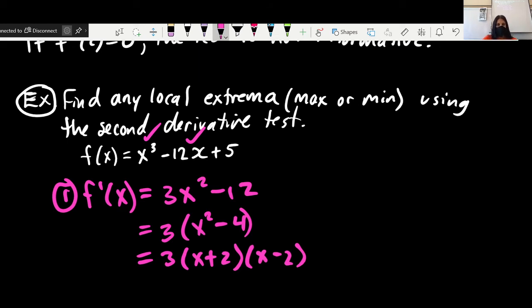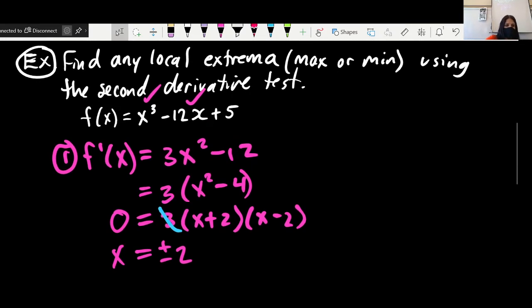So once you do that, if we're looking for the critical numbers, remember we always take the first derivative and then we set it equal to 0. When I set it equal to 0, that 3 would be gone, right? So when we solve or isolate this, I know that my x would be plus or minus 2 when I get them equal to 0 separately and I isolate and do all that work. So there's the first step. And then here's the second step.